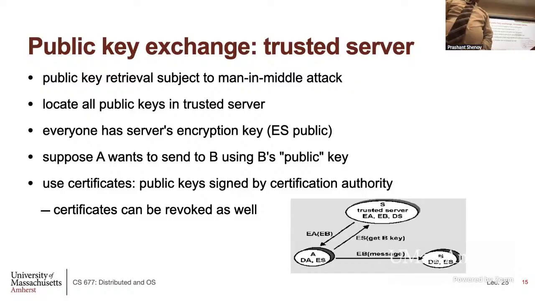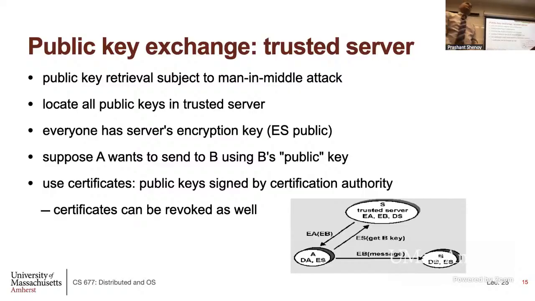If you have gone to any SSL browser, you will see that there is a lock symbol that appears. You click on that lock, you get a certificate. That certificate is essentially a public key that is signed by a trusted third party, so you can believe that it's somebody's public key. You don't just get a number and say that is Alice's key.